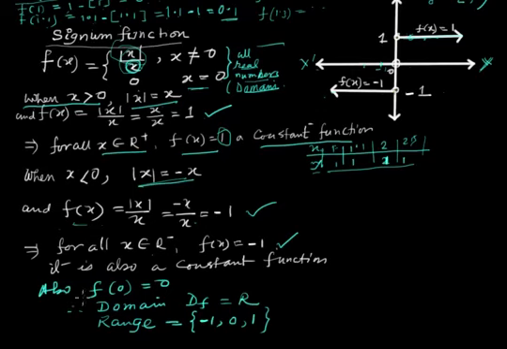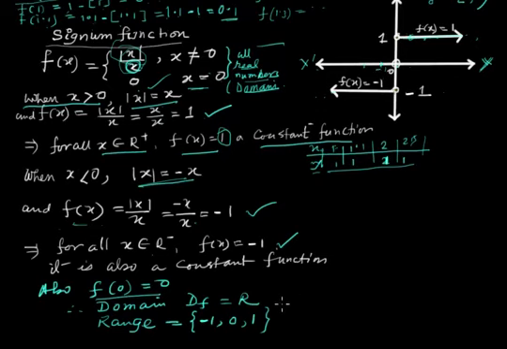And thirdly, when x is 0, f(x) is 0. So (0, 0) is a point, that is the origin. So the graph consists of three parts: one, a line parallel to the x-axis on the positive side; another line parallel to the x-axis on the negative side; and 0 at 0 is 0.